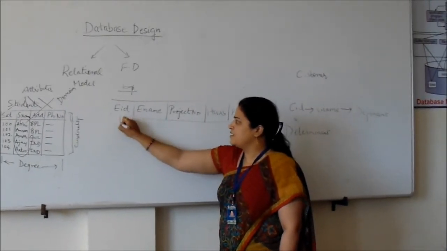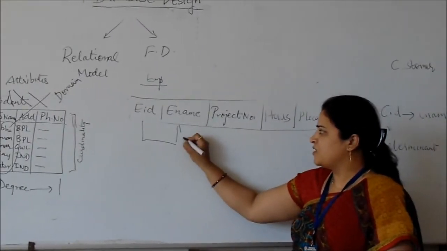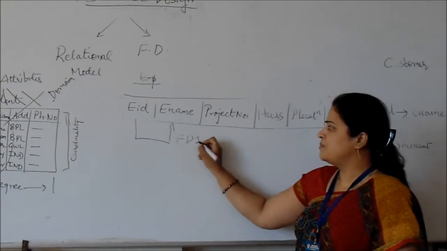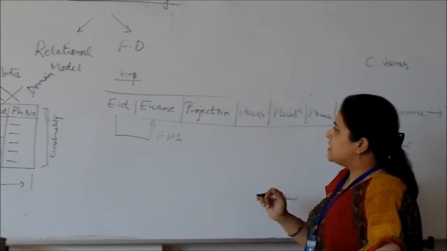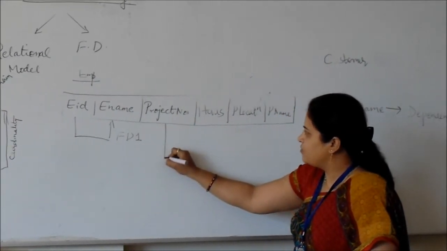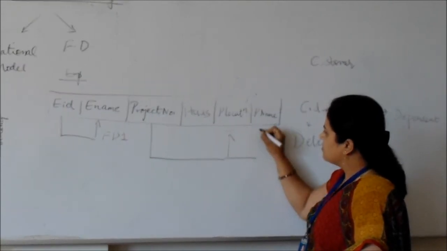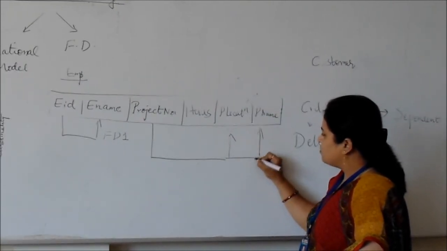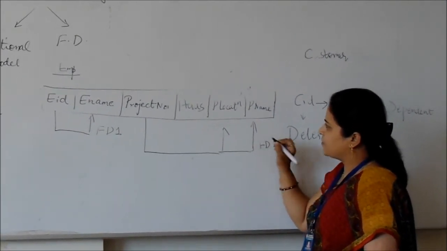The first functional dependency identified is employee ID determines employee name. This is the prime functional dependency we are deriving from this relation. Secondly, we identify that project number, meaning the assigned project, determines project location plus project name. So this association is functional dependency two.